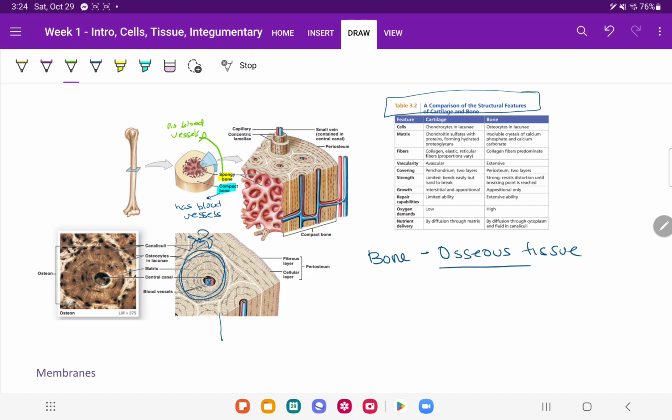Except at the joints, all bone surfaces are covered by a periosteum, composed of an outer fibrous layer and an inner cellular layer. The periosteum helps attach a bone to surrounding tissue and to tendons and ligaments, but the cellular layer functions in bone growth and repair after injury. And this is what I was mentioning, actually: that fibrous layer of the periosteum.